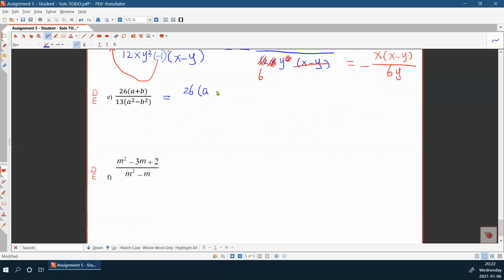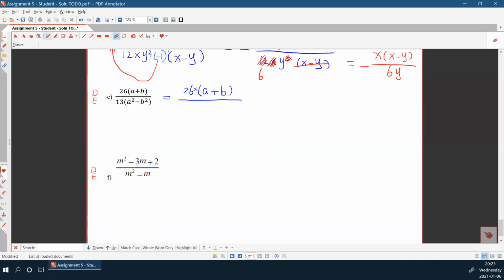For the numerator, we cannot do anything about it, just leave it there. 26 multiplied by a plus b. It's already been factored. Do not expand it like this, because in this way, it's very difficult to see how to cancel with the denominator.